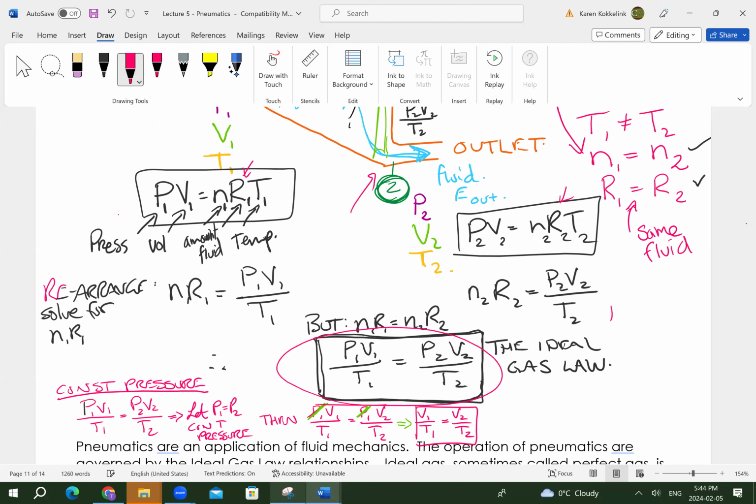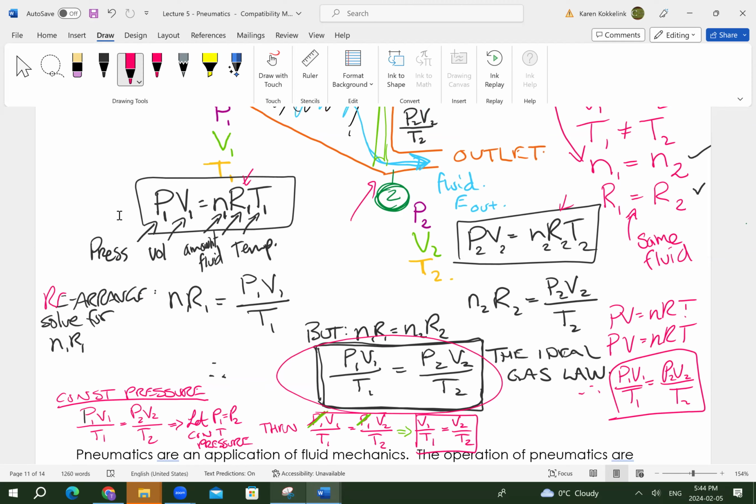I remember that PV equals nRT, PV equals nRT, set it equal to one another. Therefore, PV over T equals PV over T, 1, 1, 1 over 2, 2, 2. These are all the ideal gas laws in one. So that's how I approach ideal gas laws.